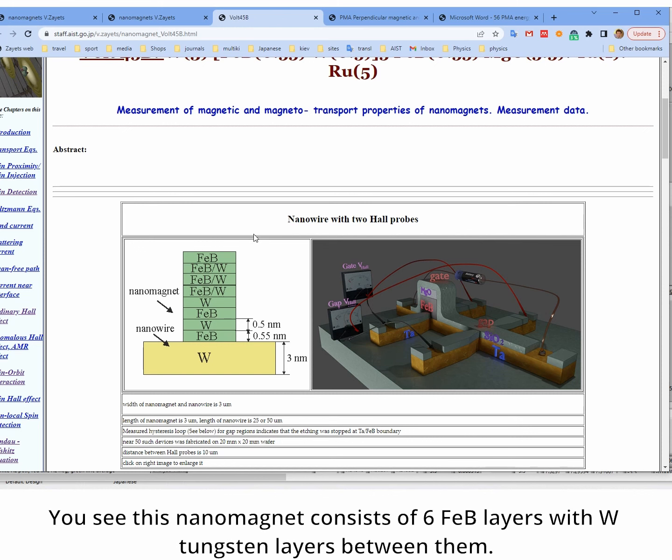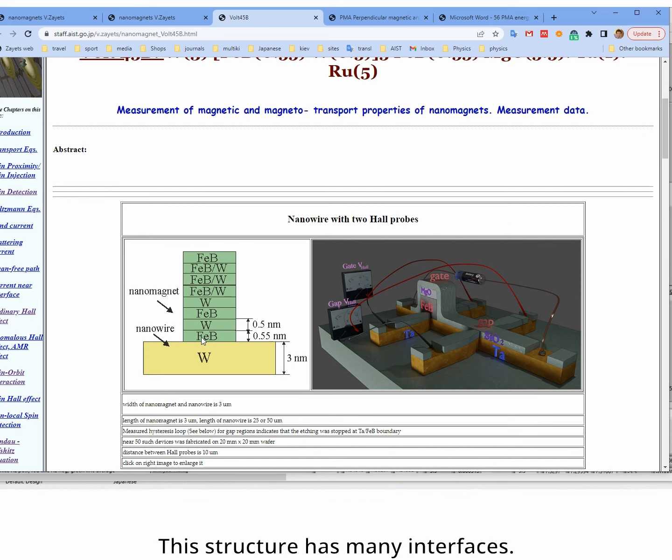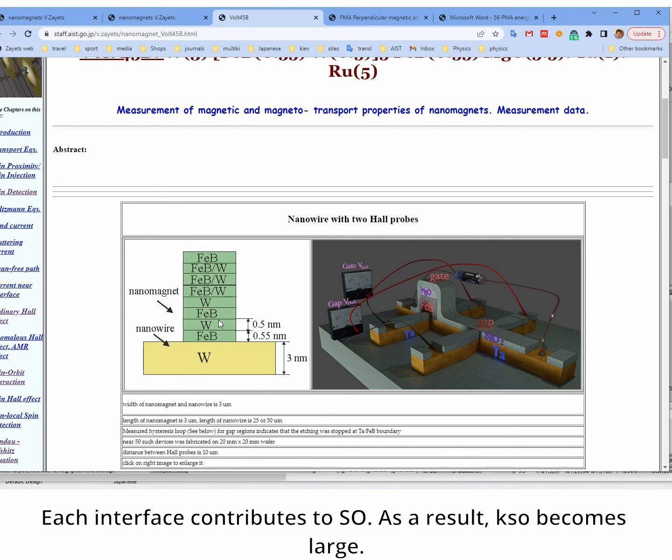You can see this nanomagnet consists of 6 iron boron layers with tungsten layers between them. This structure has many interfaces. Each interface contributes to spin-orbit interaction. As a result, coefficient of spin-orbit interaction becomes large for this layer.